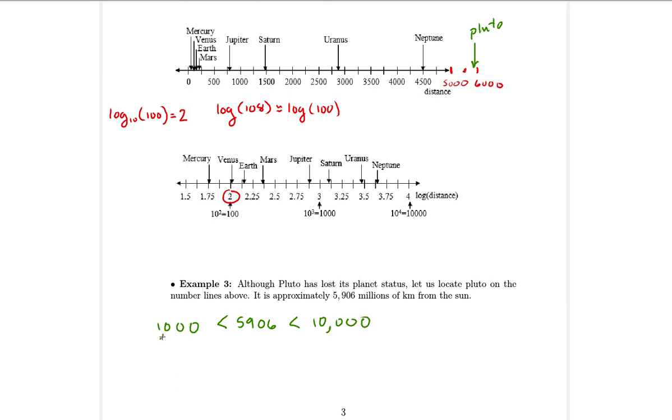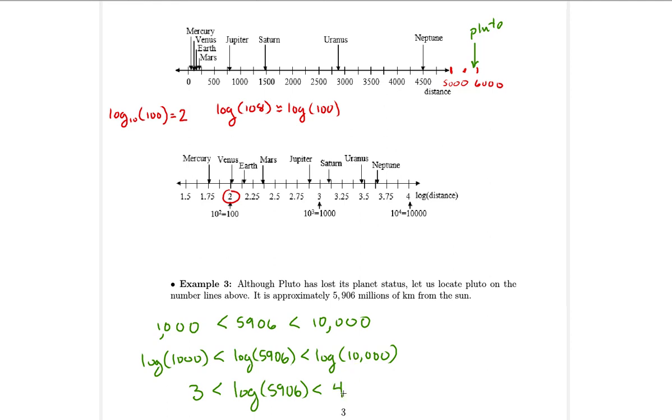So that means the log of 5,906 is somewhere between the log of 1,000 and the log of 10,000. But of course, the log of 1,000 and the log of 10,000 is just, what do I take 10 raised to make this number? Well, in this case, it's 3, and then here it's 4. It's just the number of zeros. So we know that it's going to be somewhere between 3 and 4, right?